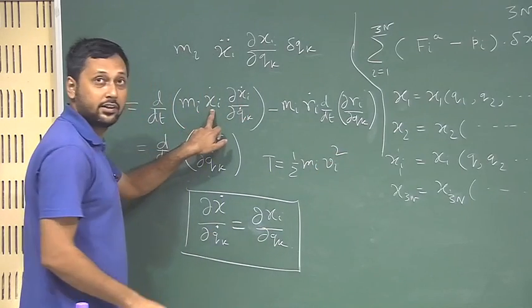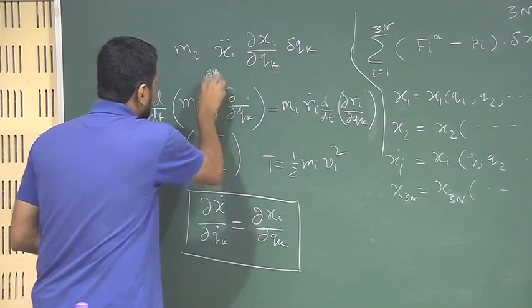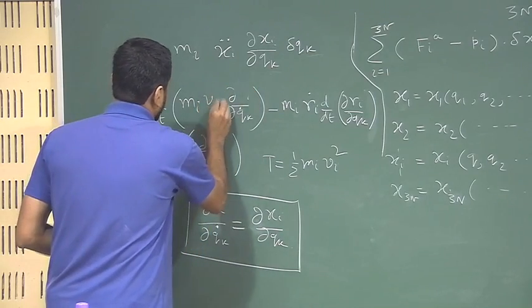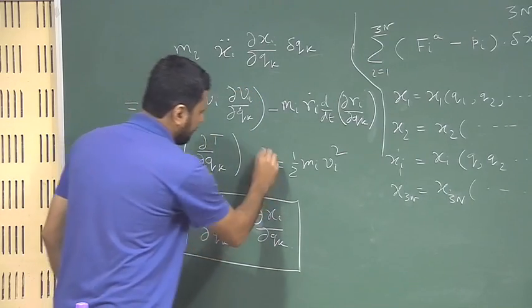Now xi dot is nothing but vi, so I can write this as vi, and T is half mi vi square.